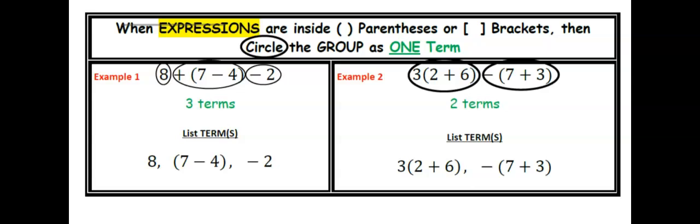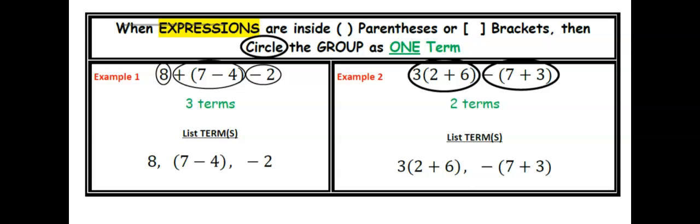Okay, in our previous lesson, we studied the order of operations and we started by circling the terms in the numerical expressions we were given. And you should recall that terms are separated by the plus and minus symbols. So when we are looking at this first expression in example 1, it reads 8 plus the quantity 7 minus 4 minus 2.